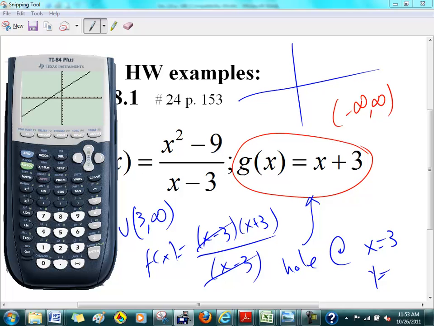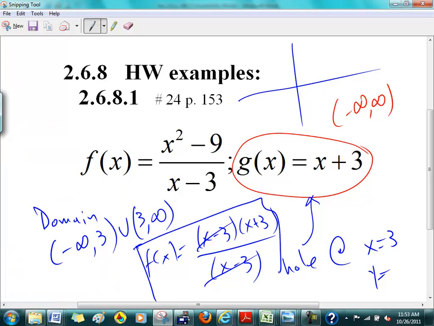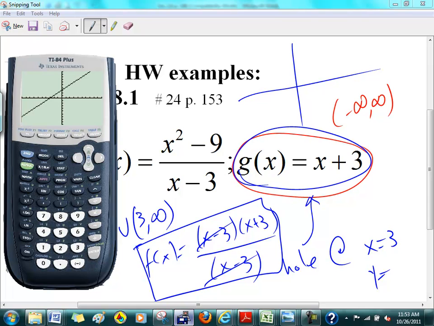Isn't that amazing that it looks like a line? It is a line. And it's a line because when you simplify f of x, what do you get? Don't you get x plus 3? Isn't that a line? Okay, so now the question to you is that somewhere on this graph, there's a hole. What xy value will there be a hole at?